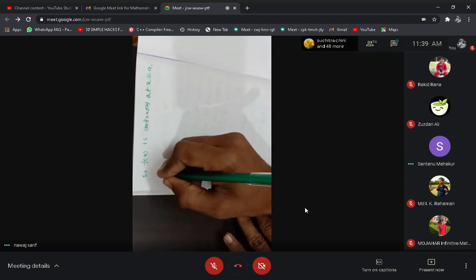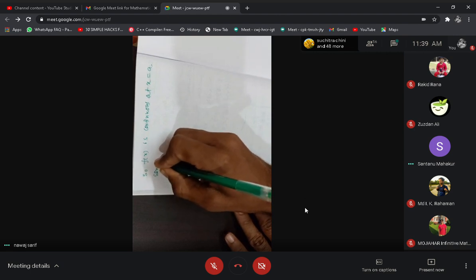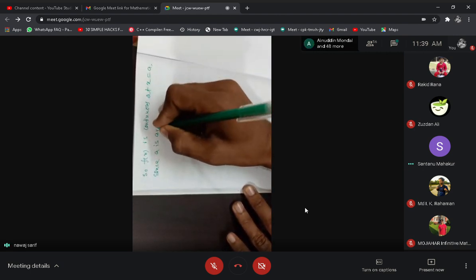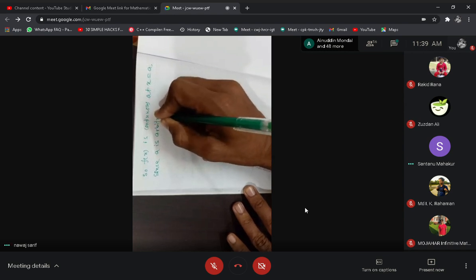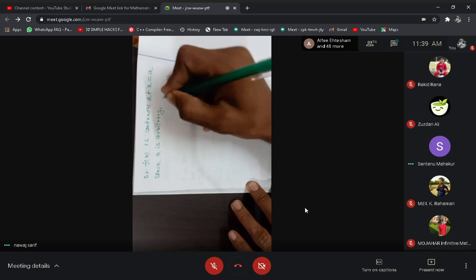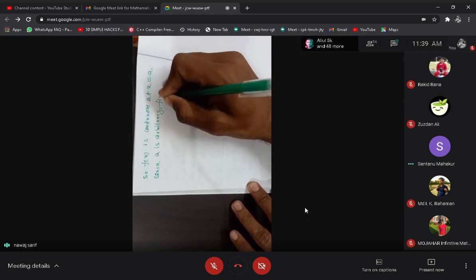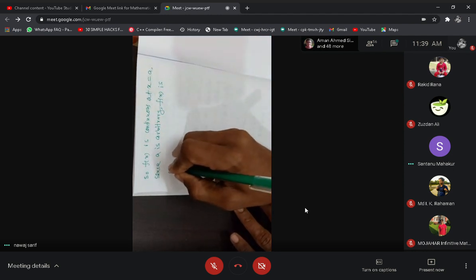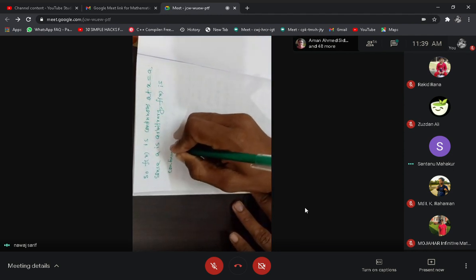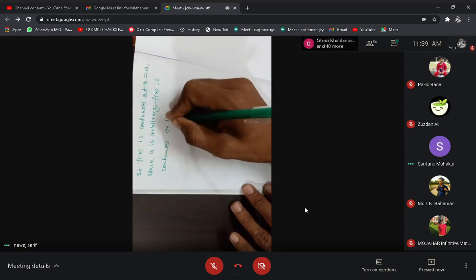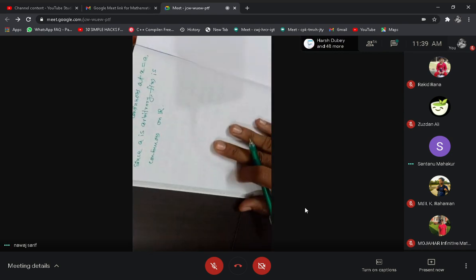Since a is arbitrary, f(x) is continuous on R.